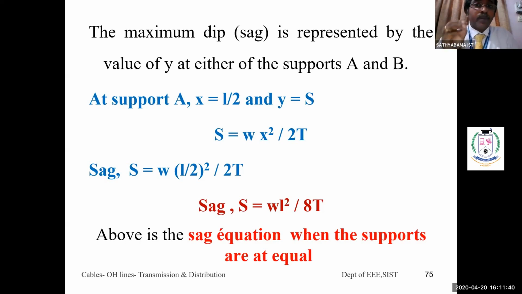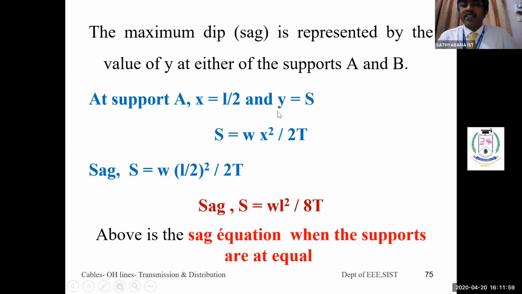To find the sag, you can take either support A or B. Here I have taken support A. At support A, X is equal to L by 2, and Y is the sag.